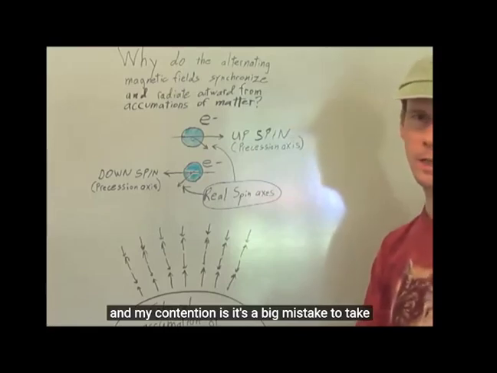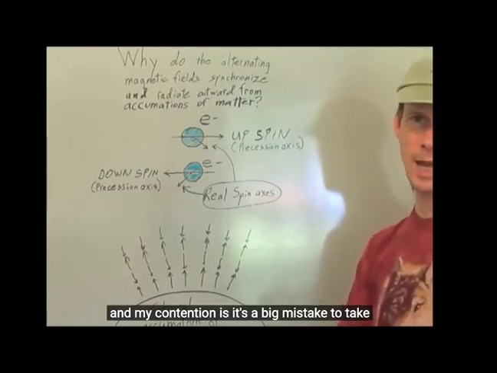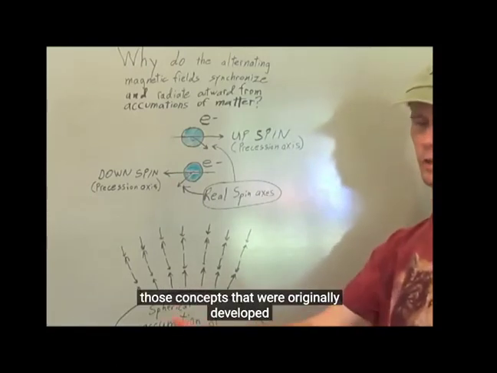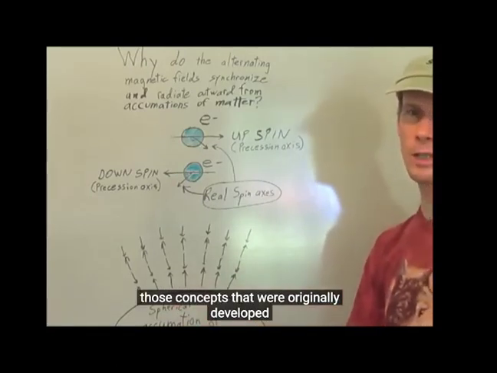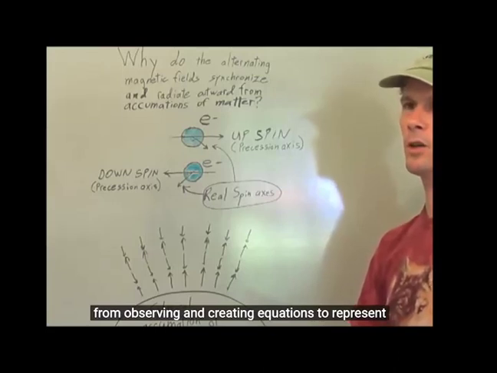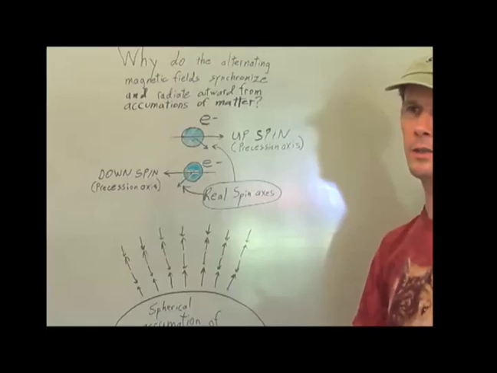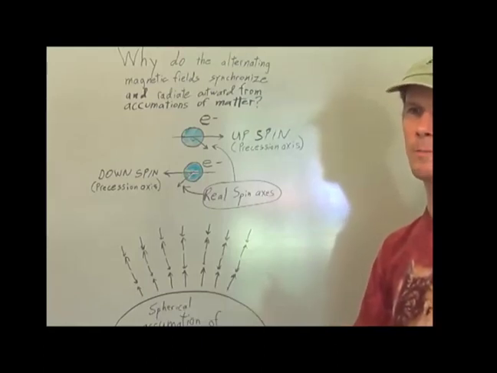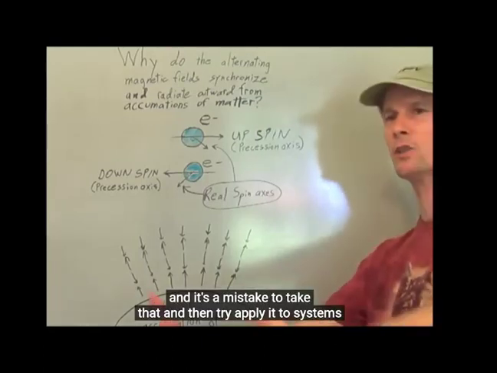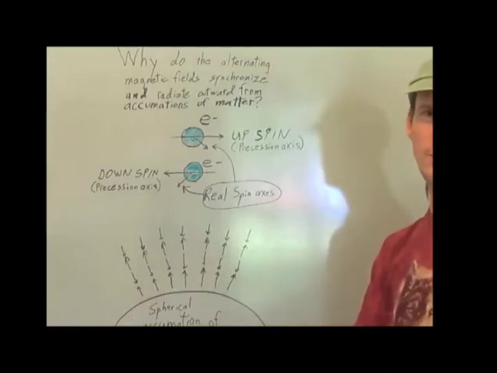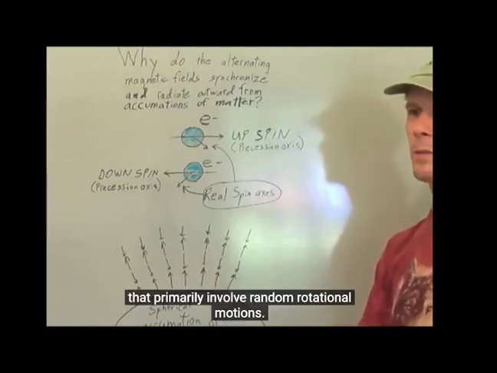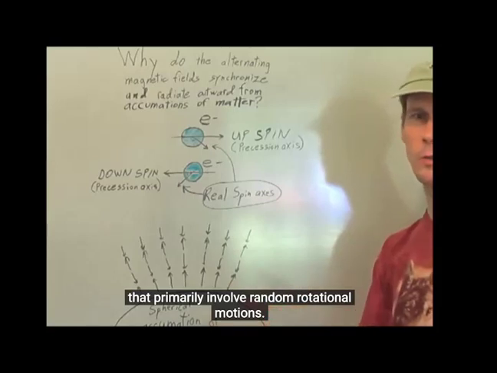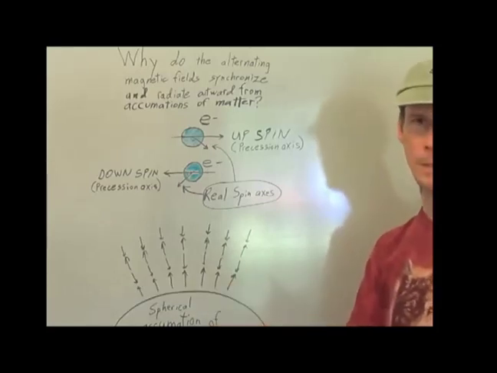And my contention is it's a big mistake to take those concepts that were originally developed from observing and creating equations to represent thermodynamics of systems that are primarily dominated by rectilinear motions, and then try to apply them to systems that primarily involve random rotational motions.